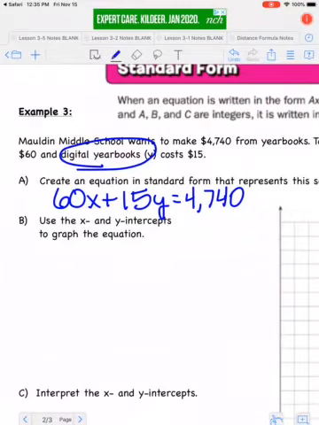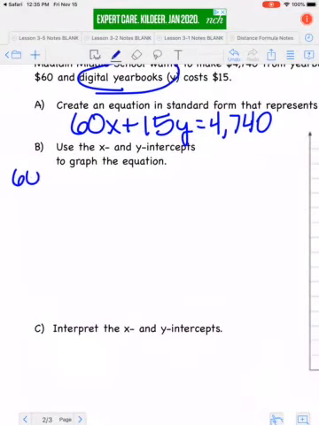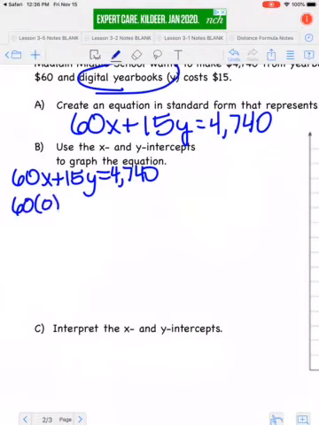So the cost of the digital plus the printed ones have to equal at least 4,740. So I want to find my x and y intercepts. So I'm going to write my equation. Okay, then I'm going to go ahead and plug in 0 for x so I can find my y-intercept.